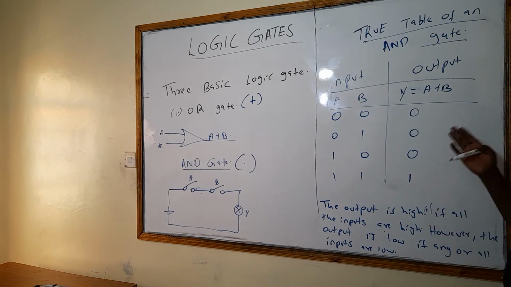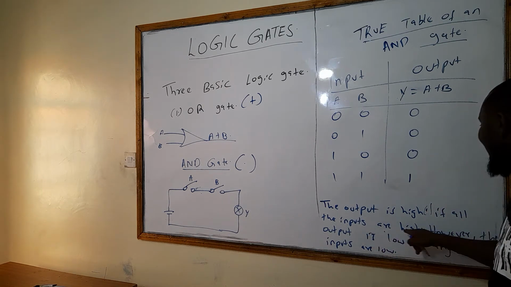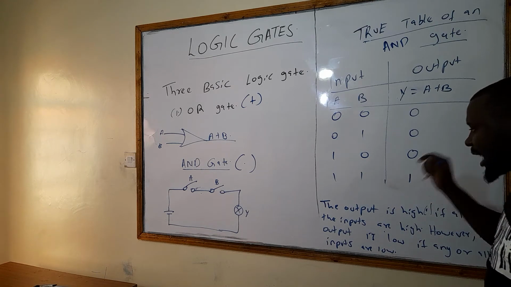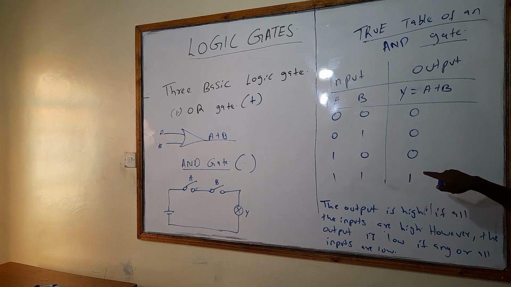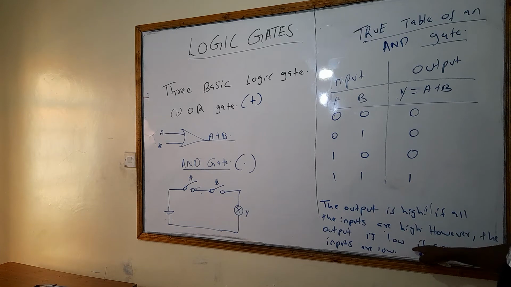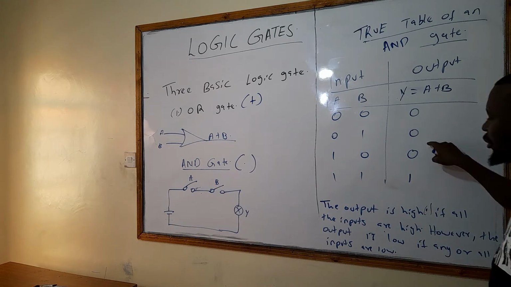These logic gates are just switches, so it's high when it's 1. If all the inputs are high, that is 1, we'll only have a high output. However, the output is low if any or all the inputs are low. That's why we'll obtain 0, 0, 0.